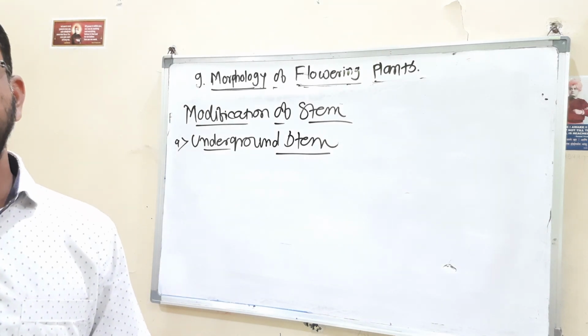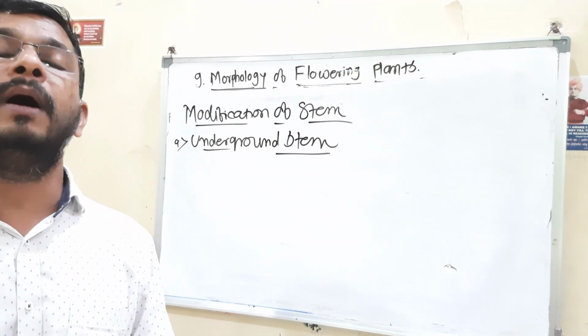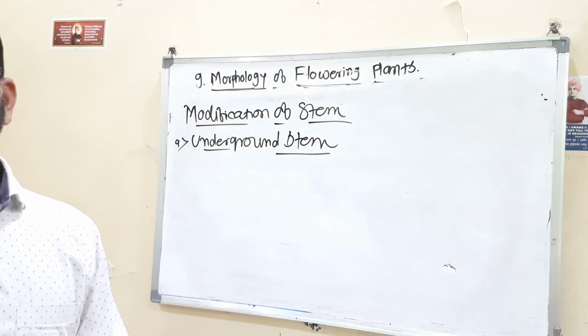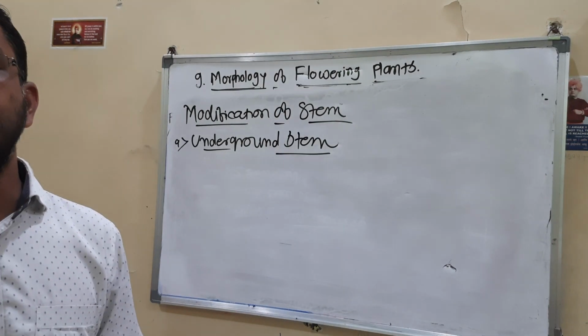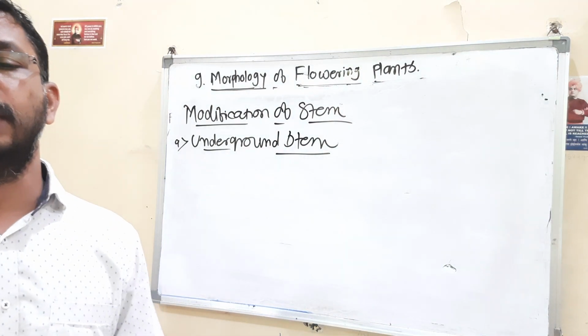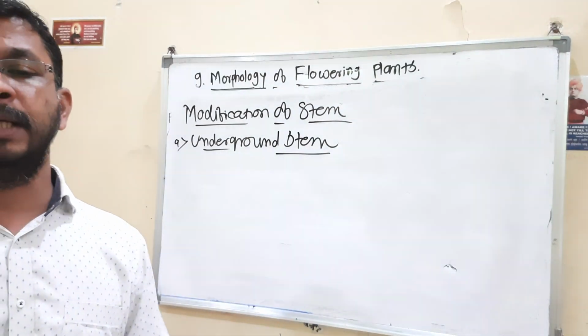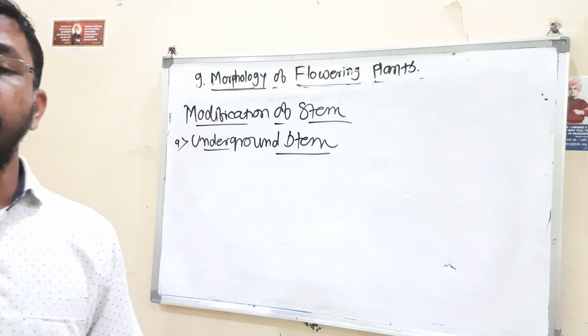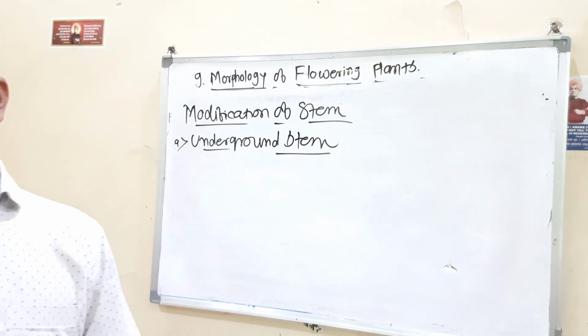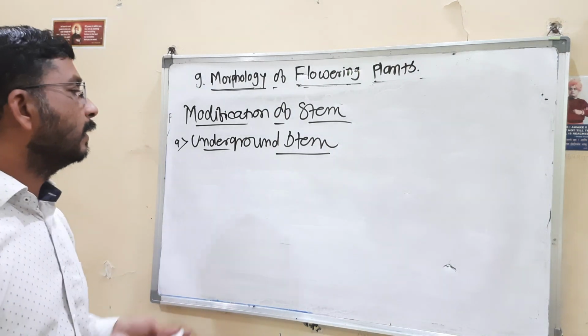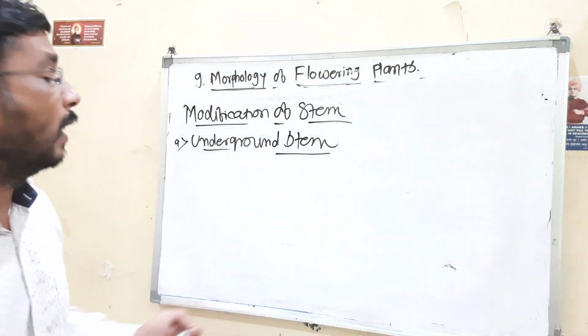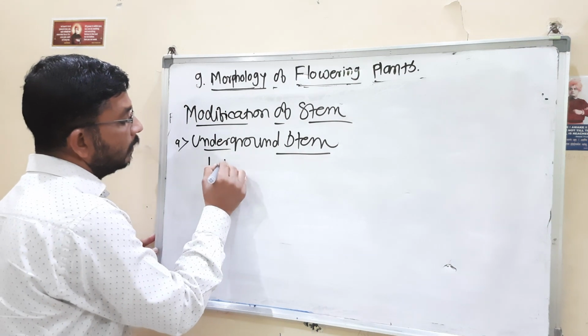The underground stem remains dormant during unfavorable conditions, and on the advent of favorable conditions produces an aerial shoot. The underground stem stores food and helps in perennation and vegetative propagation. Then in the underground stem we have one type, the rhizome.